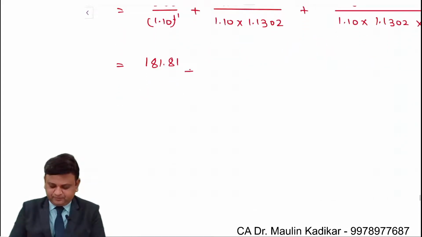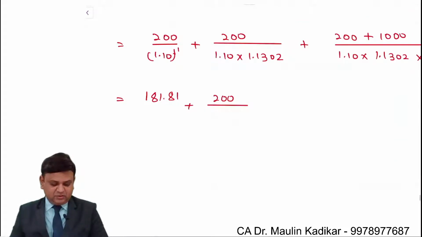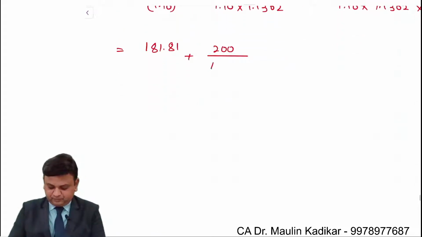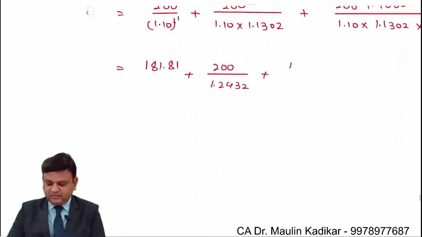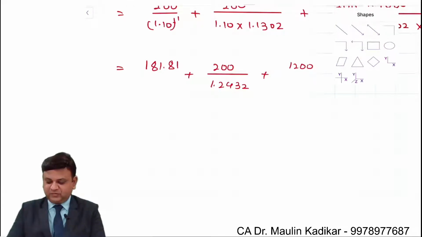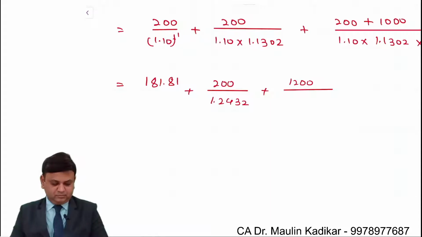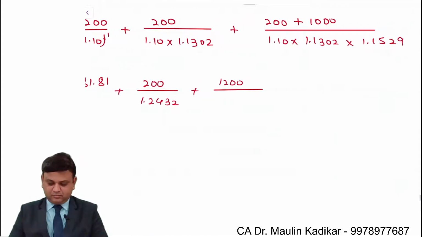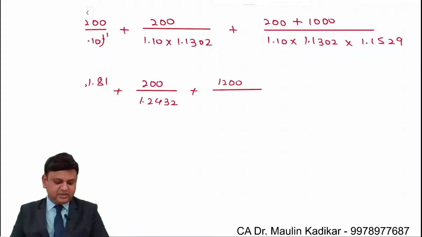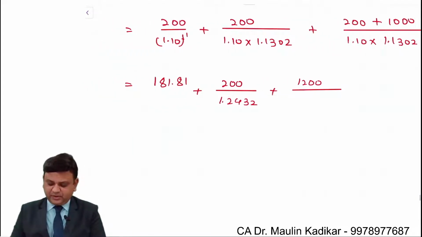Plus 200 divided by 1.10 into 1.1302, so 1.2432, plus 1200 divided by 1.1529 multiplied further, so 1.4333.